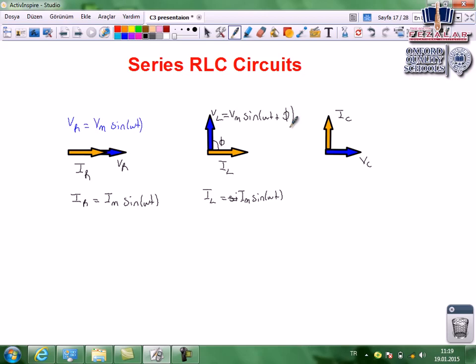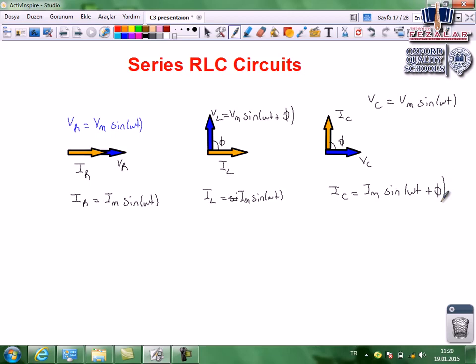Now for the capacitor, let's write VC there. VC is aligned on the x-axis, as you see, Vm sine omega t, and as you see, IC leads voltage by 90 degrees, so IC can be calculated by the maximum amount of current times sine omega t plus phi, because as you see, current leads voltage.